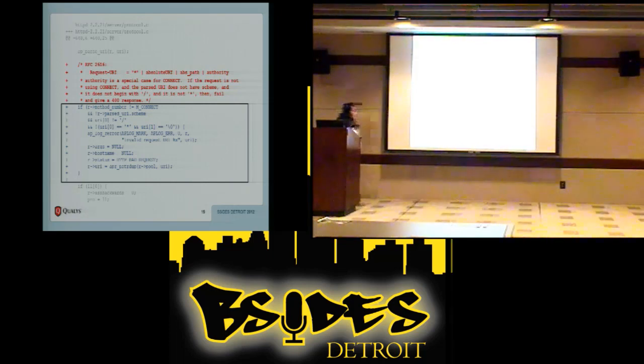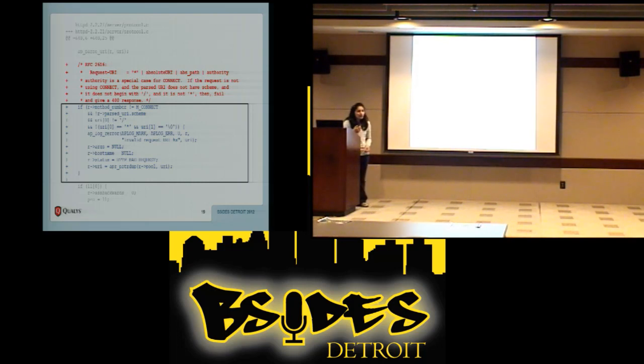request error code. So if you look at the patch here, what it's doing is that it is checking for some method_number variable, and if it is not set to M_CONNECT, and if it is not a parsed URI, and the URI does not begin with a forward slash, and it is not a star or not a null, then it would give a bad request code and return back.